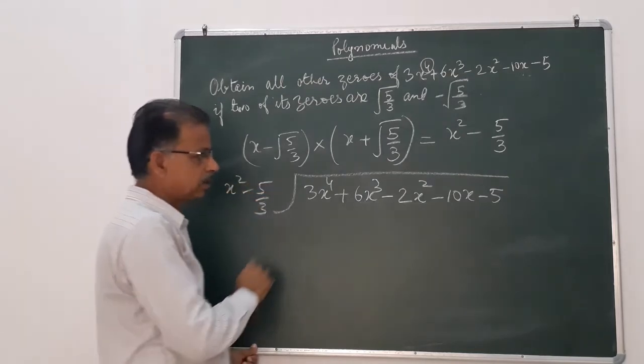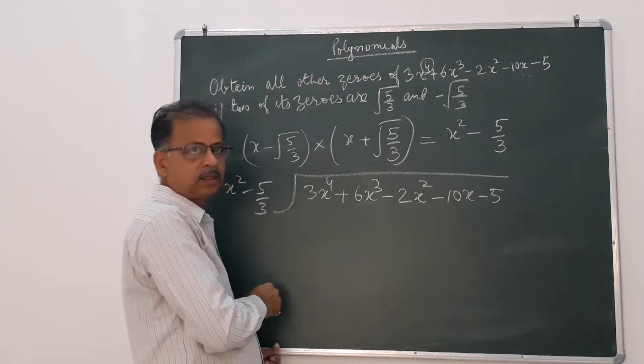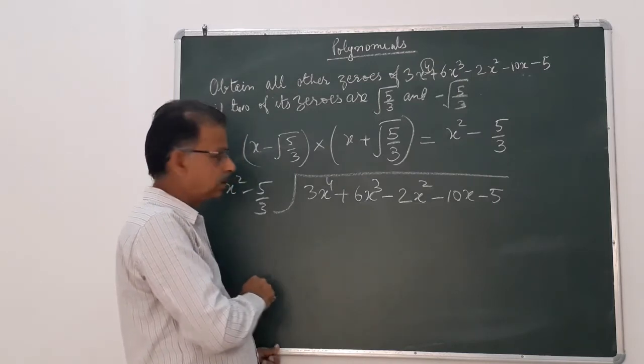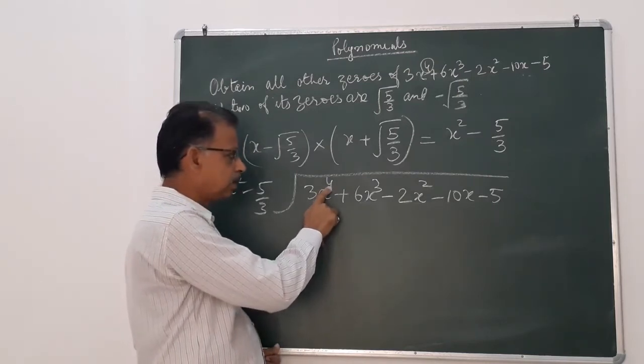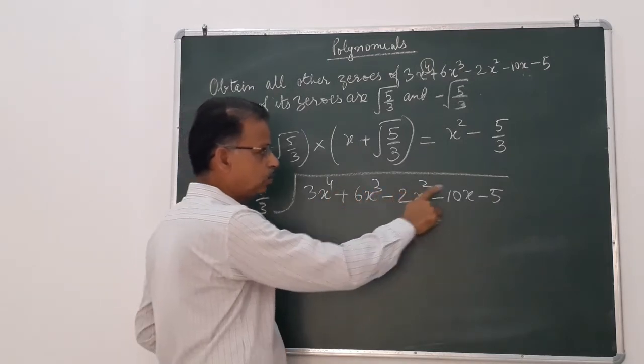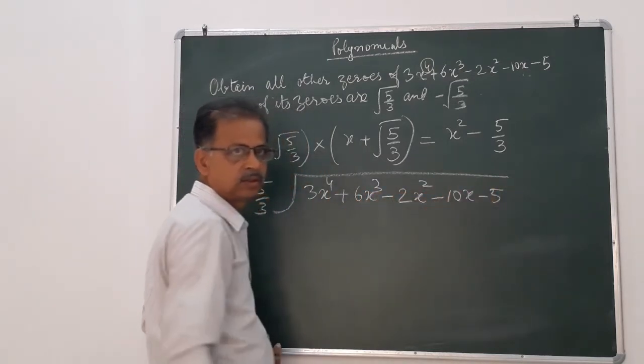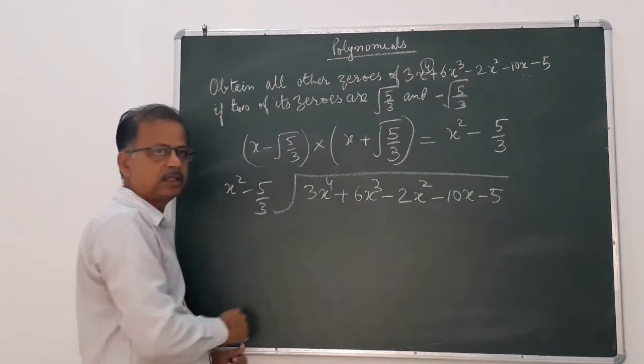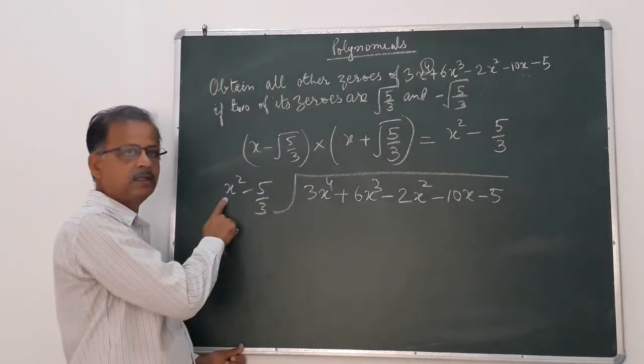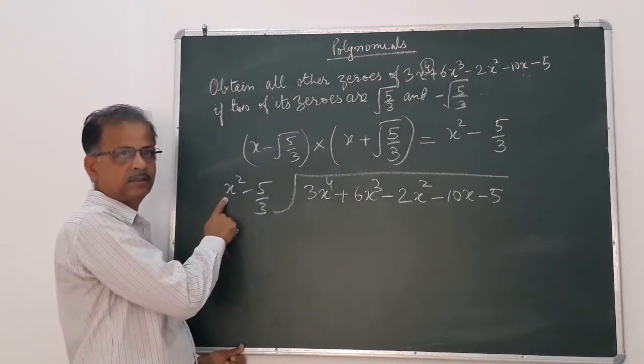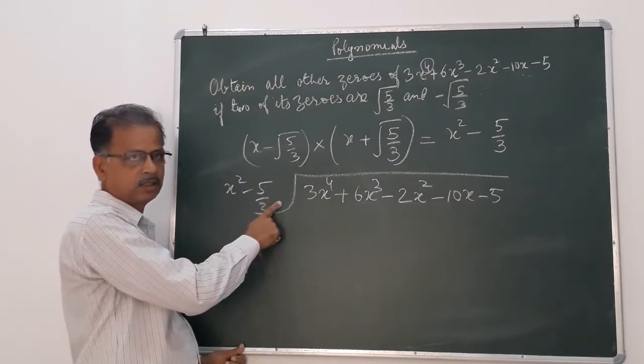We check whether we have written given polynomial in standard form or not. So powers of x are 4, 3, 2, 1, 0. It means dividend is written in standard form. Again, divisor is written in standard form.